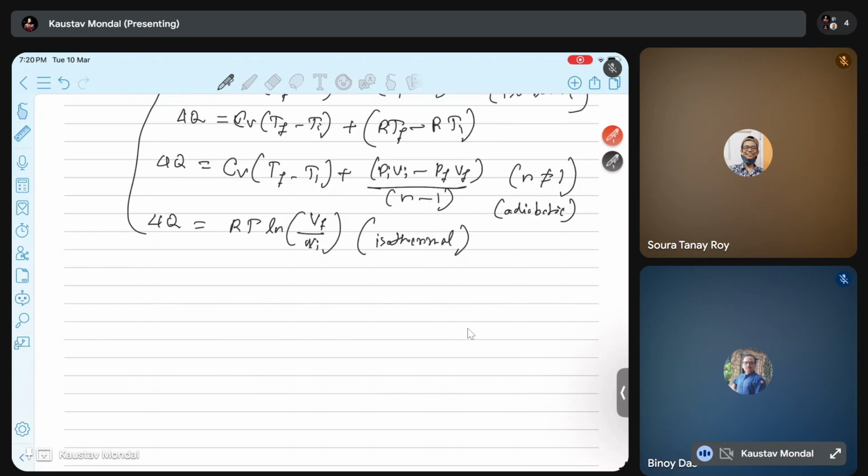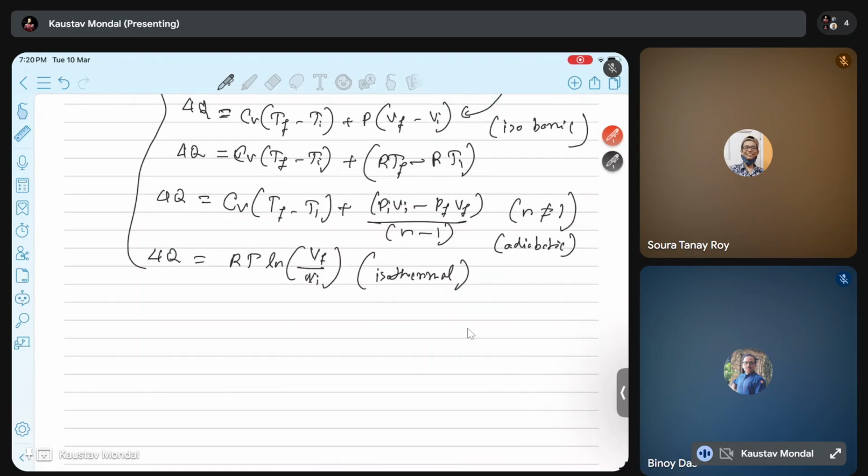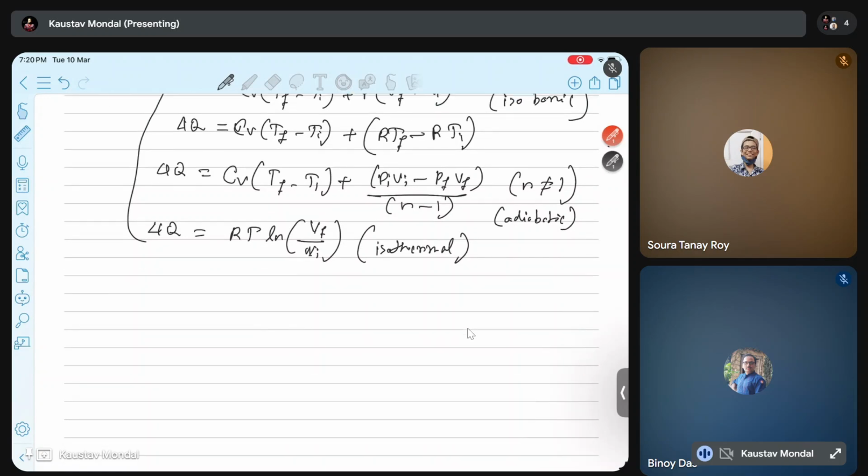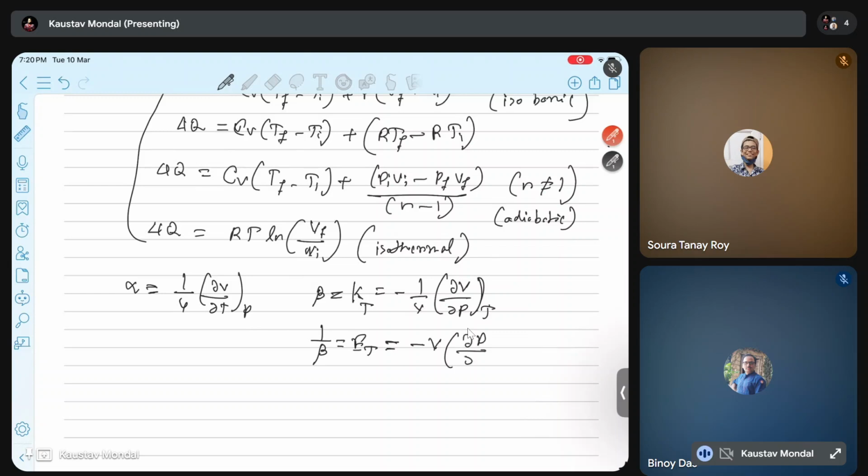These are useful expressions that you have to remember. There are also other thermodynamic quantities for a gas: the volume expansibility alpha, that is 1 by V dV by dT at constant pressure; the isothermal compressibility, denoted beta or kappa, that is minus 1 by V del V by del P at constant temperature; and the isothermal elasticity, 1 by beta or Et, that is minus V del P by del V at constant temperature.